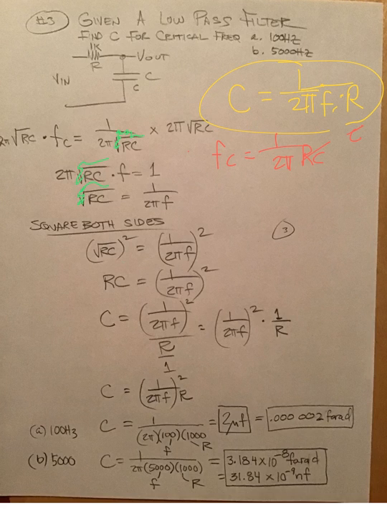Multiply both sides by C, and you end up with F sub C times C is 1 over 2 pi R. Alrighty, see that? Now, you need C by itself, so we divide this side by F sub C and this side by F sub C. And this is where the magic happens.